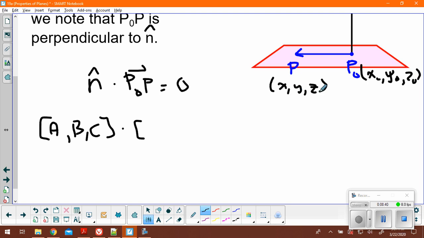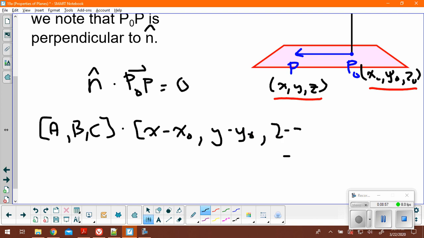To get the vector that runs between them, I take my second point, P, and subtract the first one. So my vector P naught P looks like x minus x naught, y minus y naught, and z minus z naught, and that has to be equal to 0.